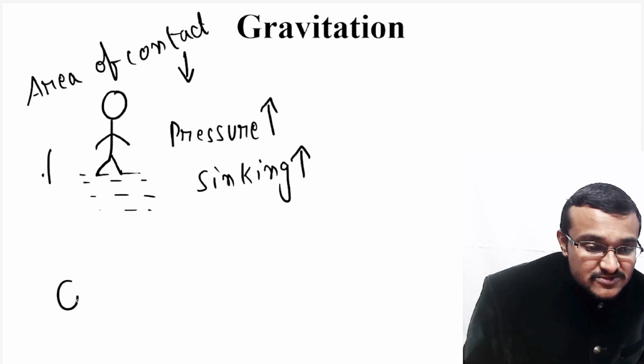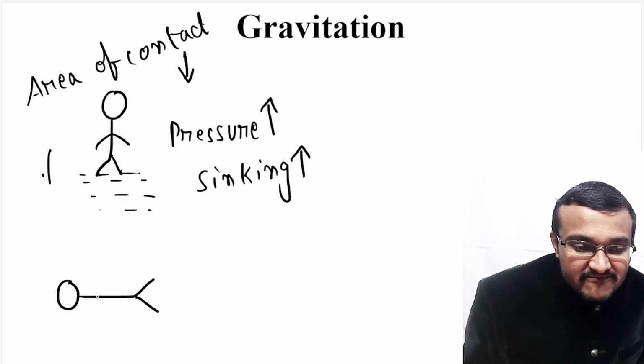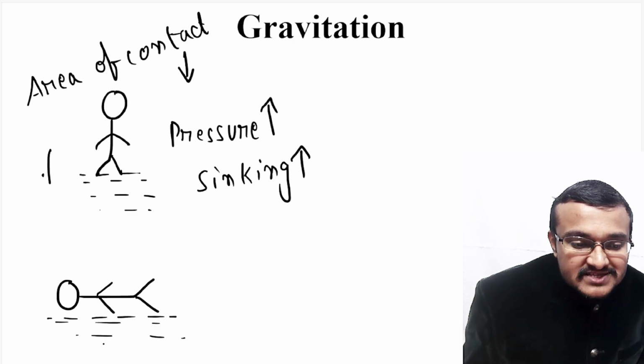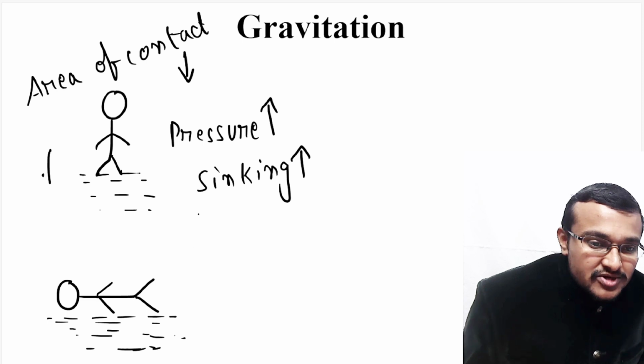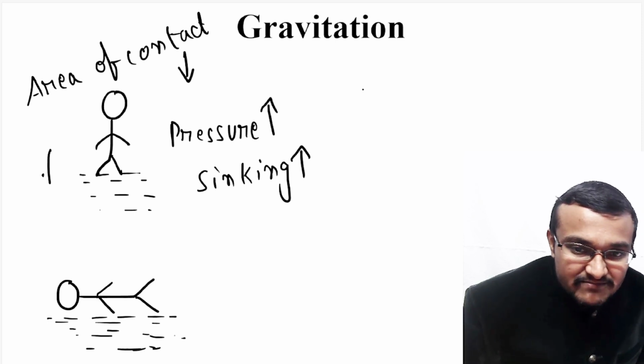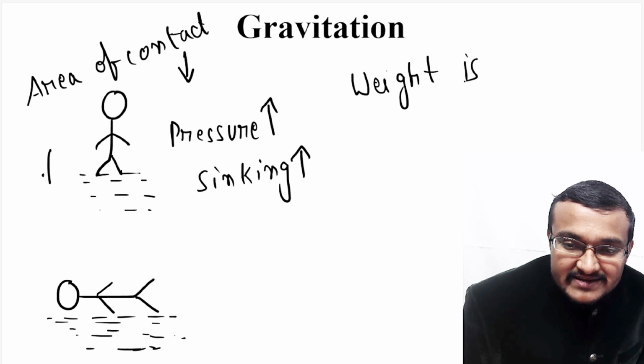Similarly, in the second case, when the same person with the same weight is lying on the sand, the force is the same, that is, the weight is the same. Always remember weight is constant in both cases.